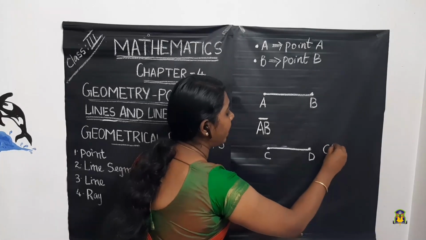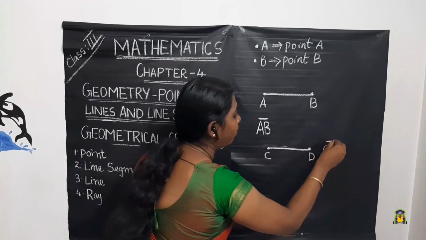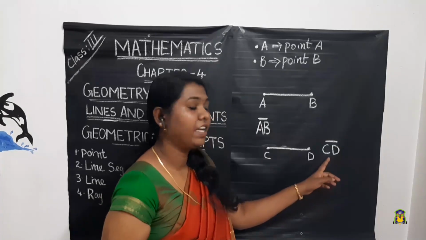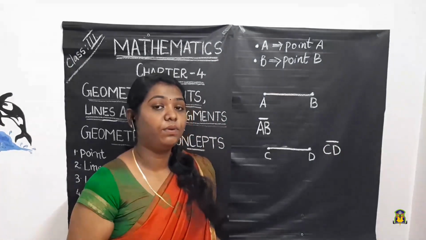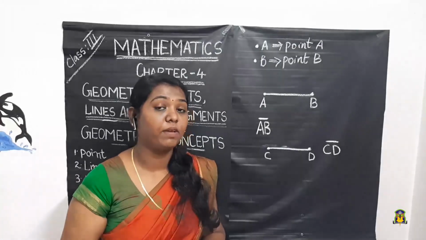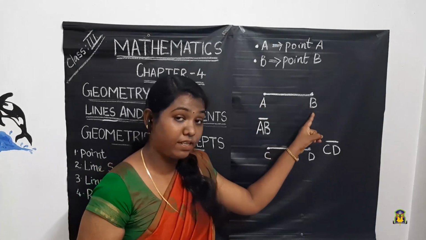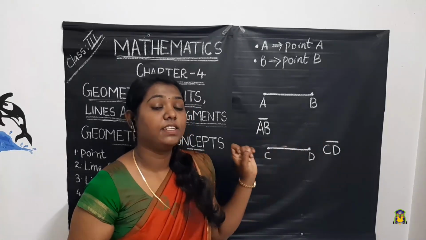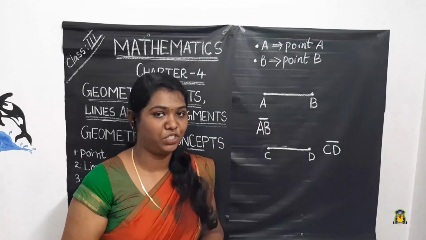That is line segment CD, then a small line on the top of the letters C, D. Okay, so a line segment has two endpoints because it starts from one point and it ends on another point. Then it has a definite length, so it can be measured.